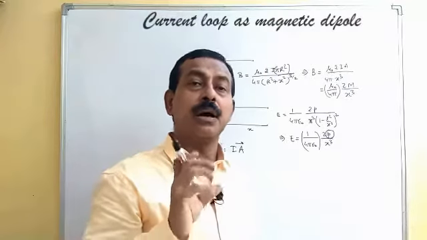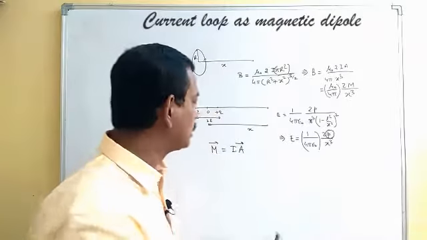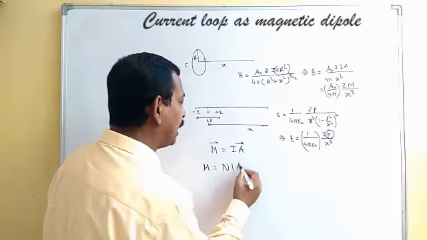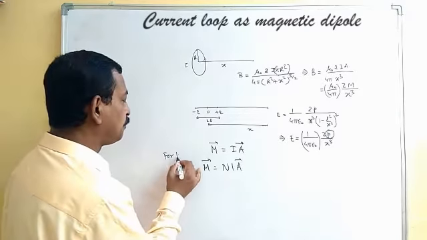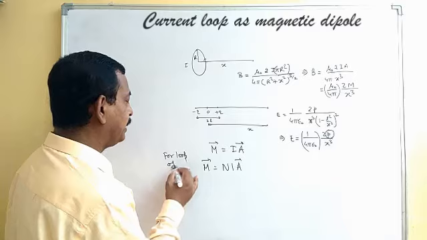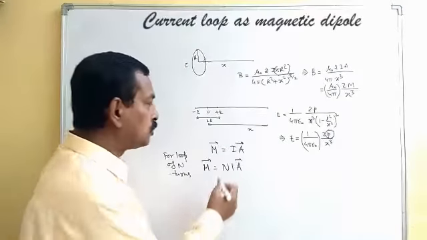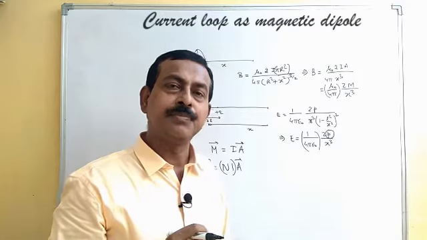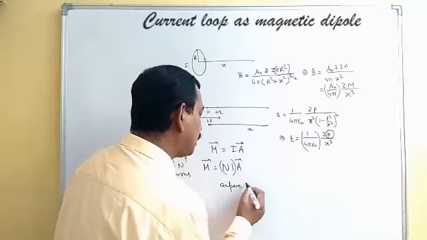For a current loop where you have n number of turns, this magnetic dipole moment can be written as n I A vector, for a loop of n turns. Now this particular term n into I is called ampere turns.